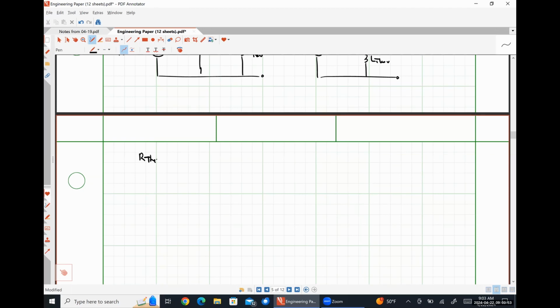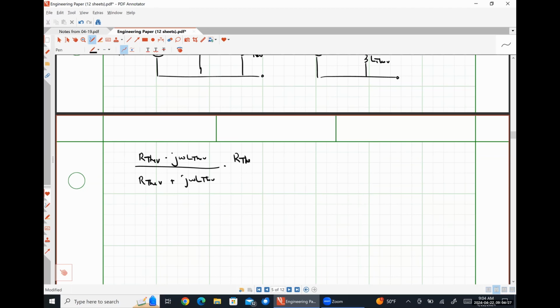Just for the sake of argument, we would have R Thev times j omega L Thev over R Thev plus j omega L Thev. I could then multiply this by the complex conjugate of the denominator over the complex conjugate of the denominator.